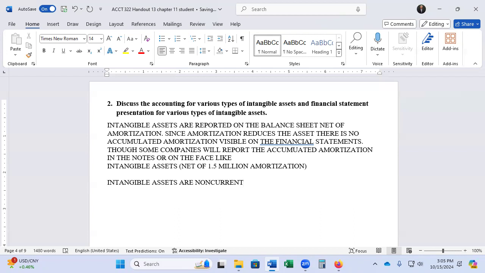Intangible assets are generally listed as non-current. And the text assigns intangibles into 5 major categories.